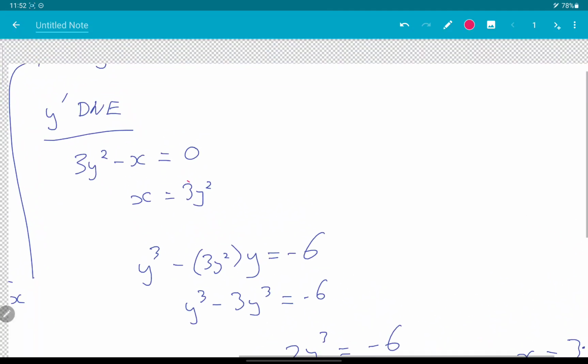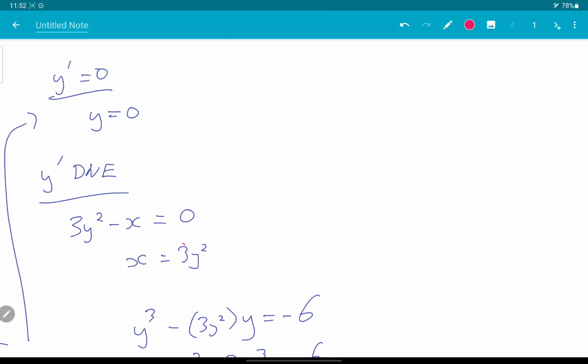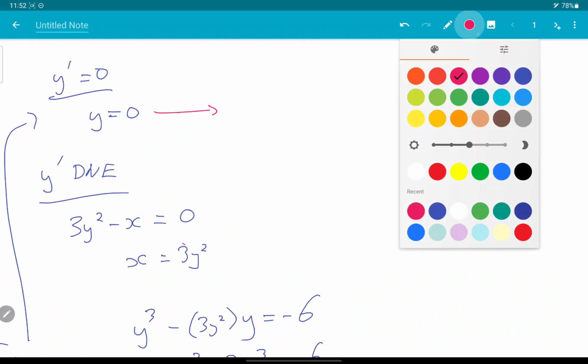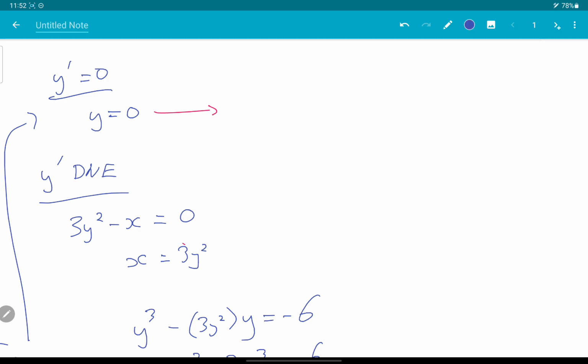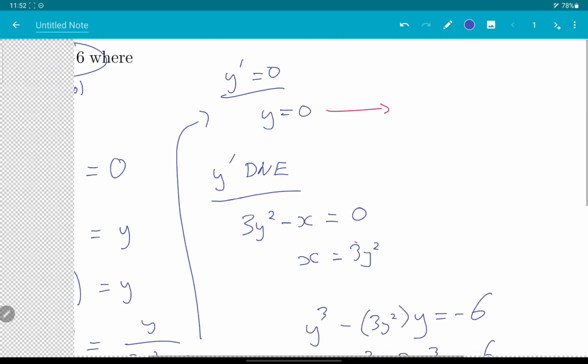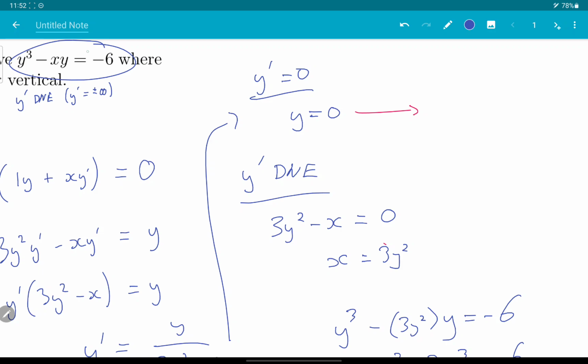And then for the horizontal tangent line, I have y is 0. And what happens there? Well, come back to my equation here and plug y equals 0 in, and I get 0 is equal to minus 6. Nope. So I conclude that this is never horizontal.